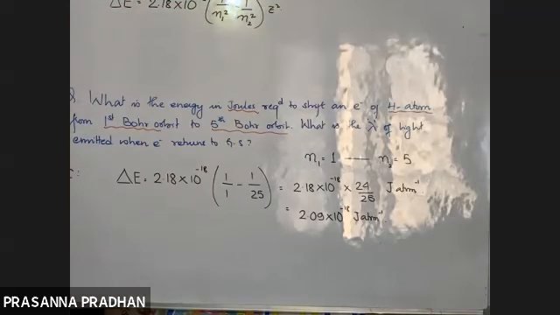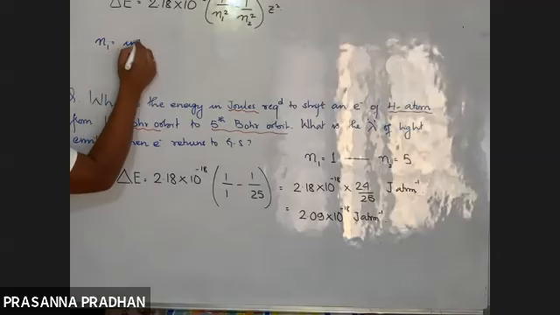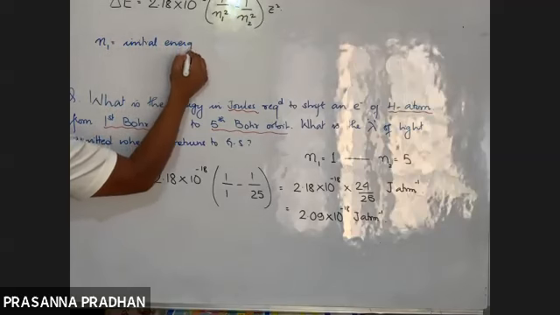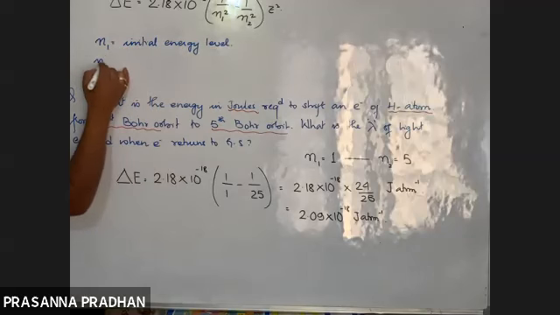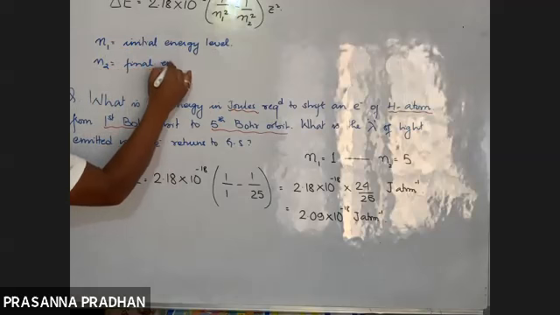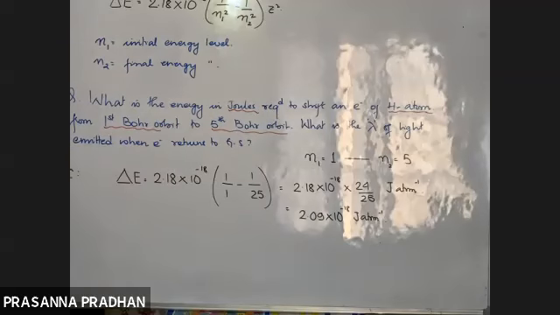Tell me if it's not understood. N1 refers to the initial energy level and N2 refers to the final energy level.